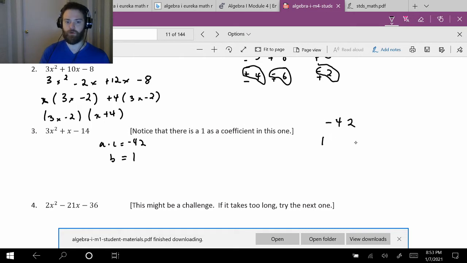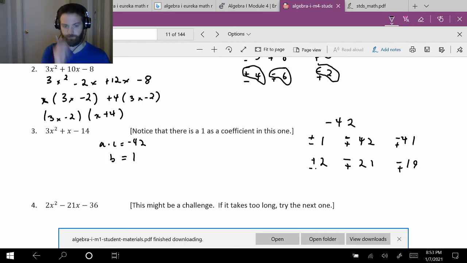So we've got plus minus 1 and minus plus 42. So that's going to give me negative positive 41. And then we've got plus minus 2 and minus plus 21. So that's going to give us negative 19 and positive 19.